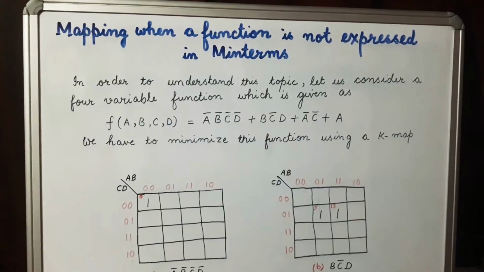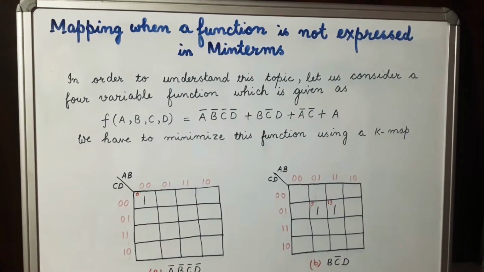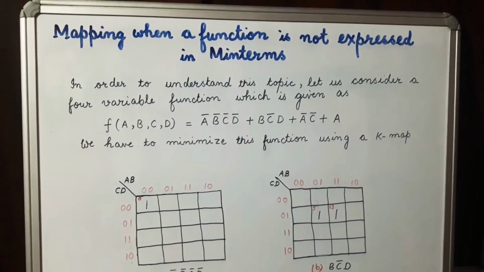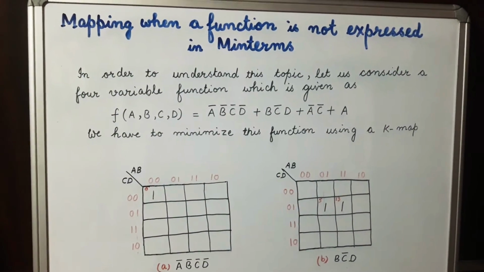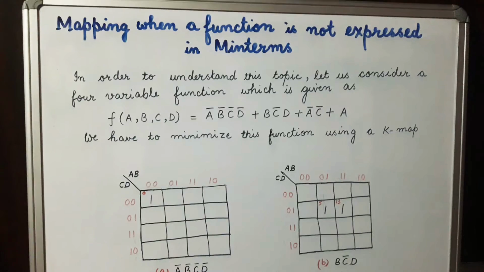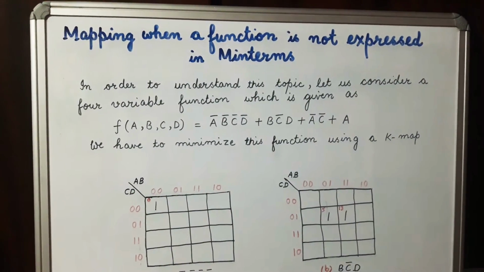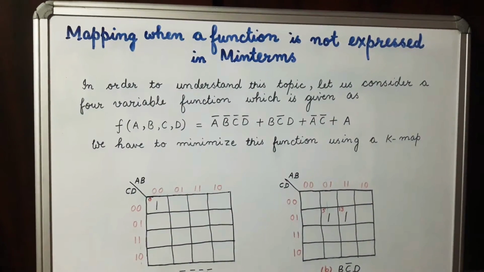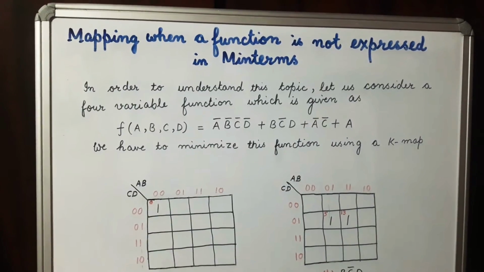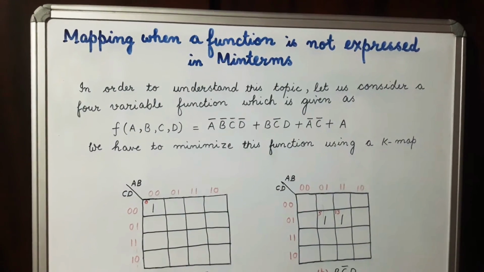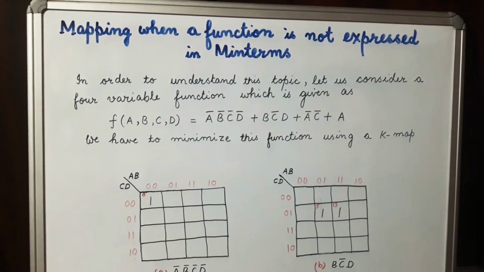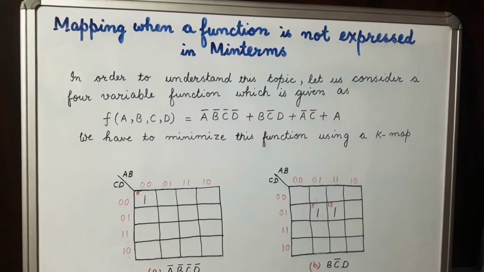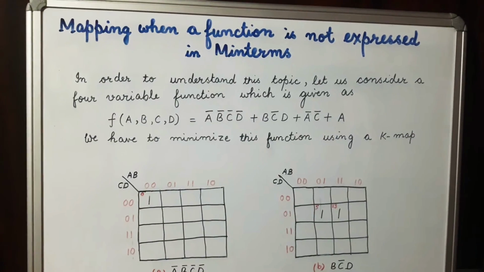In today's class, we will discuss the topic mapping when a function is not expressed in minterms. In a previous discussion of mapping, we suggested that if a function is to be entered on a k-map, then the function must first be expressed as a sum of minterms or a product of maxterms.